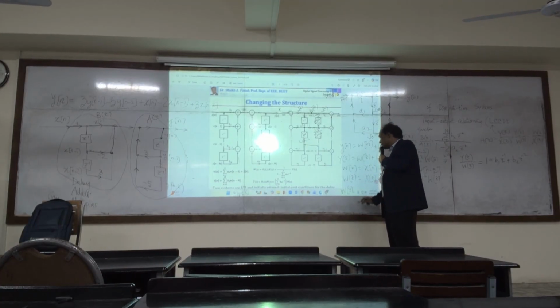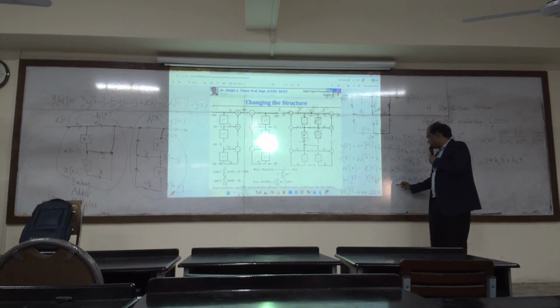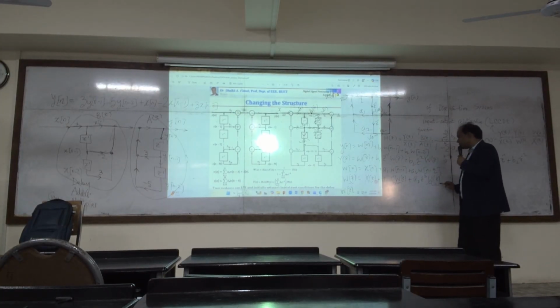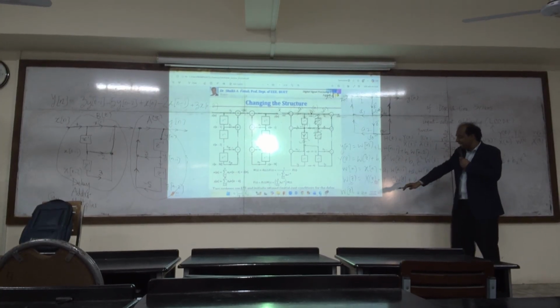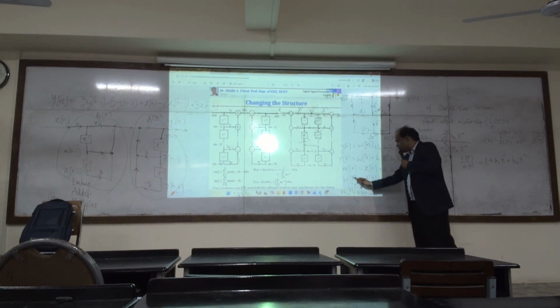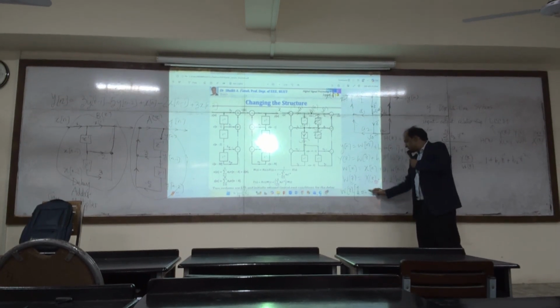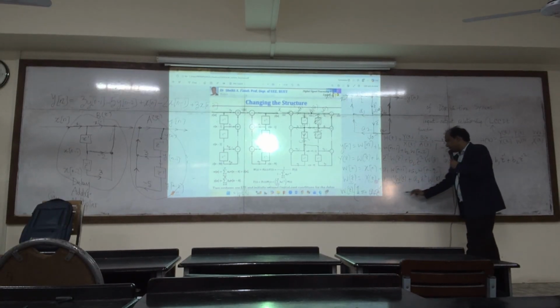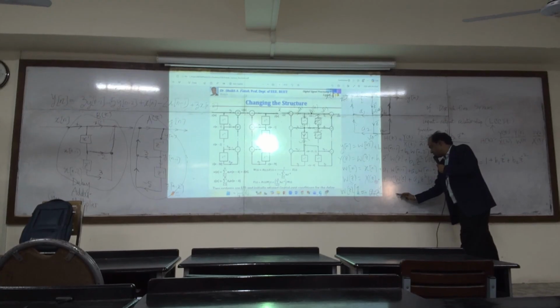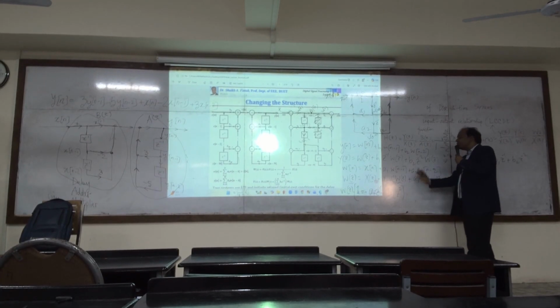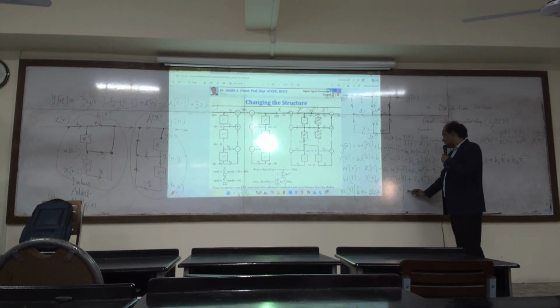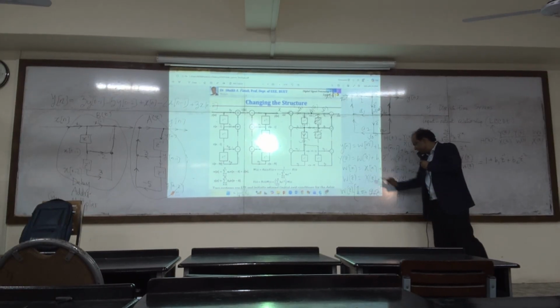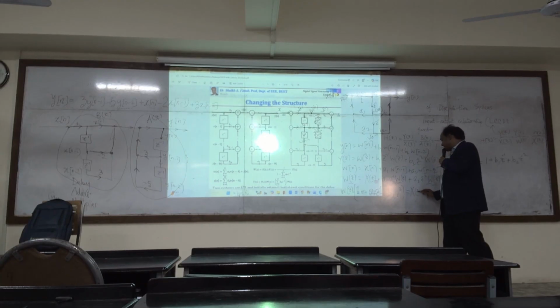I can take all of W on one side, that will be 1 minus a1 z inverse and then minus a2 z to the power minus 2. I bring this W on the left hand side and leave this X on the right hand side.